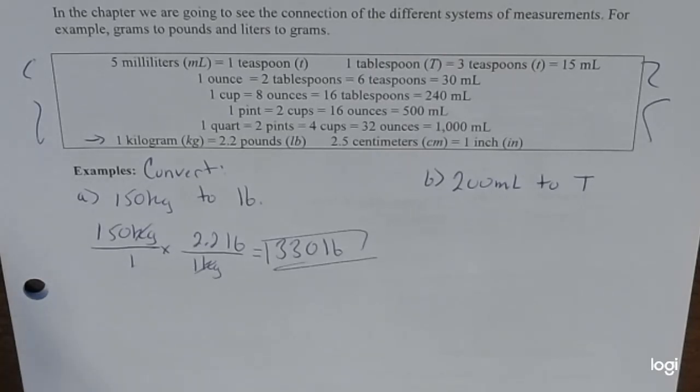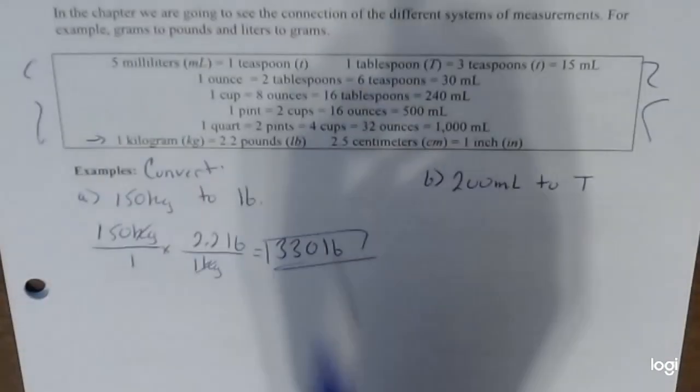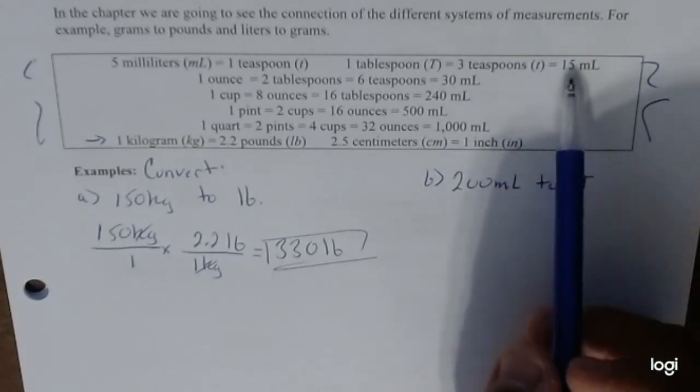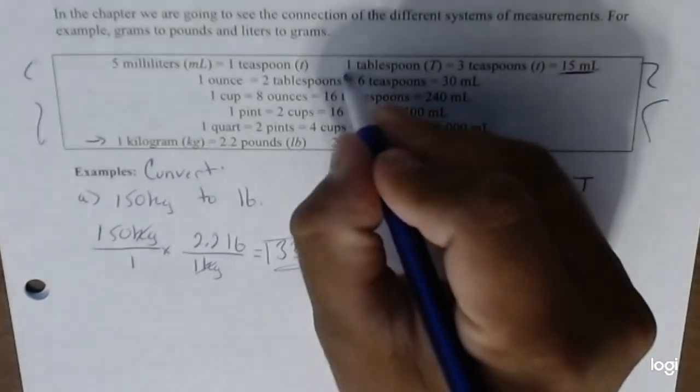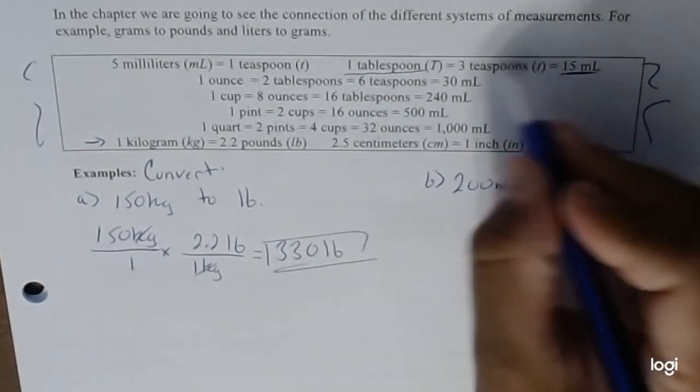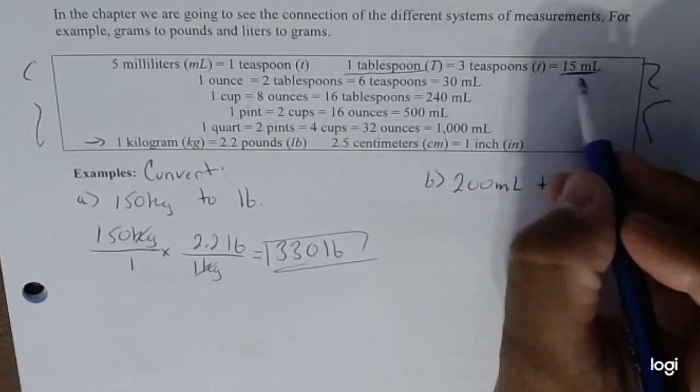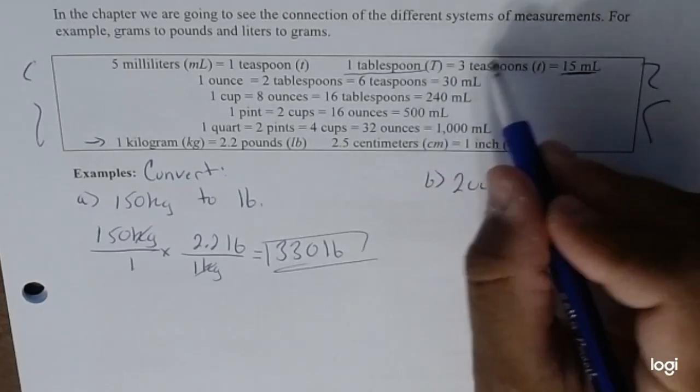We'll go from milliliters to tablespoons. Let's see if we have any relationship that goes straight from one to the other. We know 15 milliliters equals 1 tablespoon. Remember, all three things are the same.